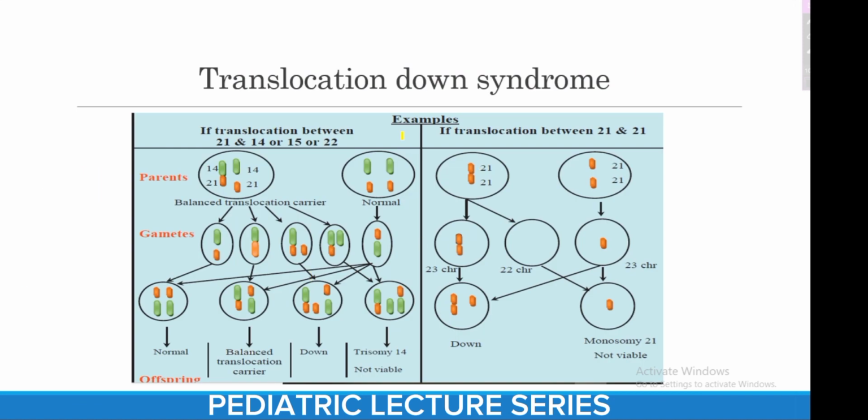As illustrated in this diagram, there is a parent who is a balanced translocation carrier, and then you have another partner. When their gametes come together, some offspring are going to be normal, some are going to retain the balanced carrier state, and other offspring are going to develop Down syndrome. That's another case that explains the appearance of Down syndrome.